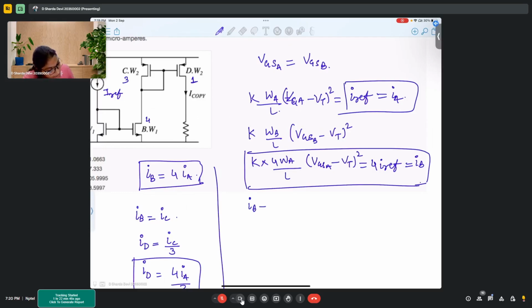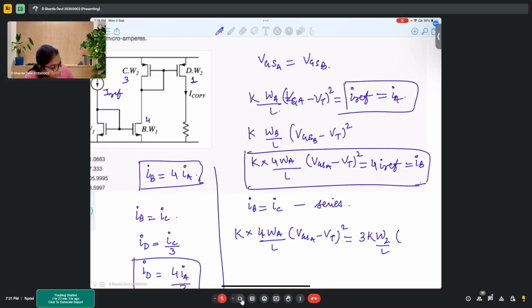Now IB should be equal to IC. This is because of series. Right? So K into 4WA by L, VGSA minus VT whole square is equal to K 3 W2 by L, VGSC minus VT whole square.